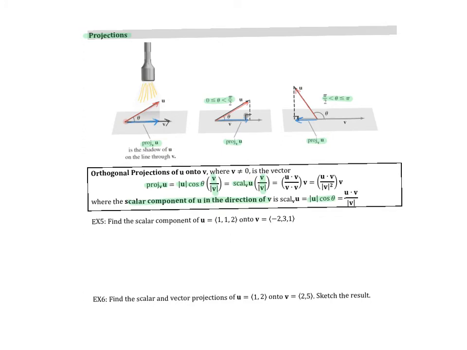Another formula you could use, remember these are all equal, is you can dot u and v divided by dot v and v, and then multiply that by the vector v. So that would give you a scalar that you would multiply v by. Or you could take the dot of u and v, and this is exactly the same as a previous one.